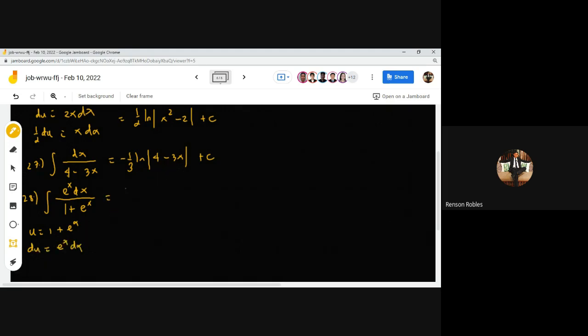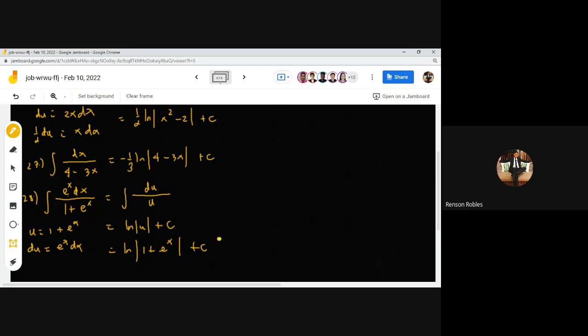So this is of the form e to the x dx is du all over u. Then the integral of du over u is ln of u plus c. So you have ln of 1 plus e to the x plus c.